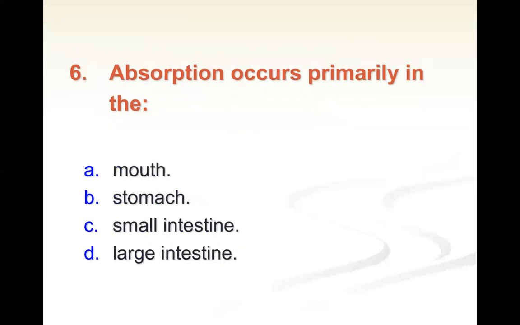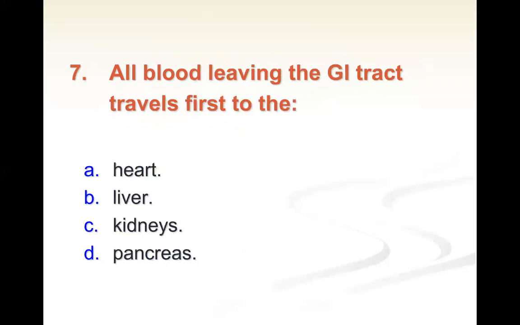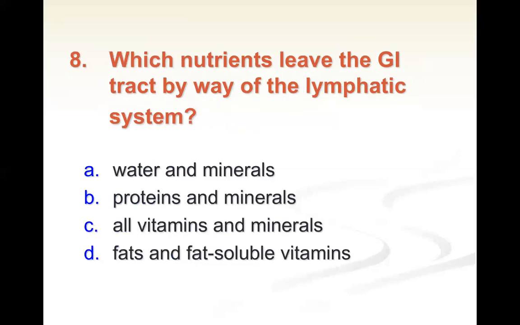Which of the following passes through the GI tract mostly undigested and unabsorbed? B, fiber. Absorption occurs primarily in the small intestine. All blood leaving the GI tract travels first to the liver. Which nutrients leave the GI tract by way of the lymphatic system?